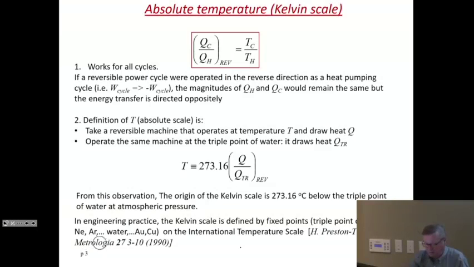There's a whole article on how you define the temperature scale. It's an optimization, or a trade-off, between the triple point of hydrogen, neon, argon, water, gold, copper, and so on. But the bottom line is, this number is what sets your temperature in absolute Kelvin.